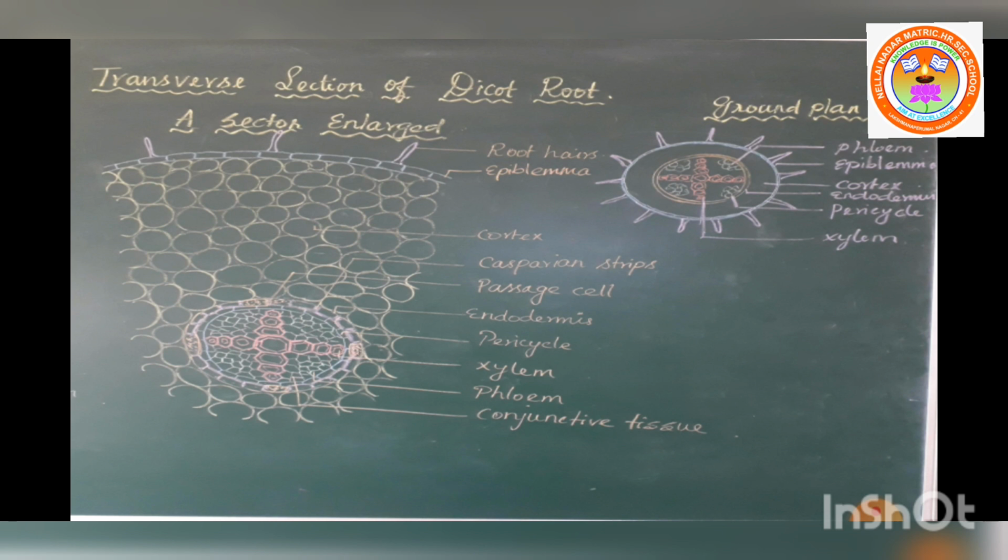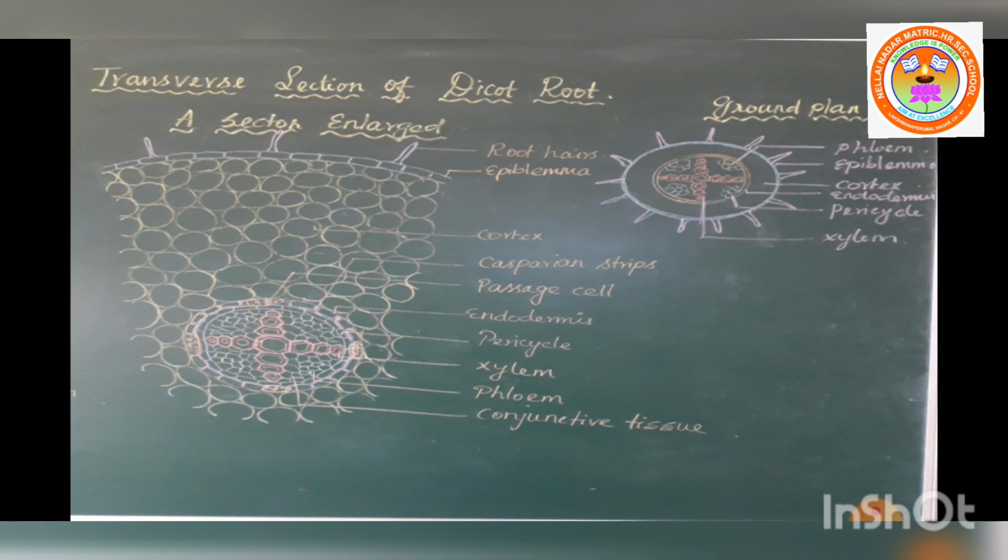So this is about the internal structure of dicot root. The internal structure of dicot root has 3 different types of tissue system: epidermal tissue system, ground tissue system and vascular tissue system. Here the epiblema is the epidermal tissue system.